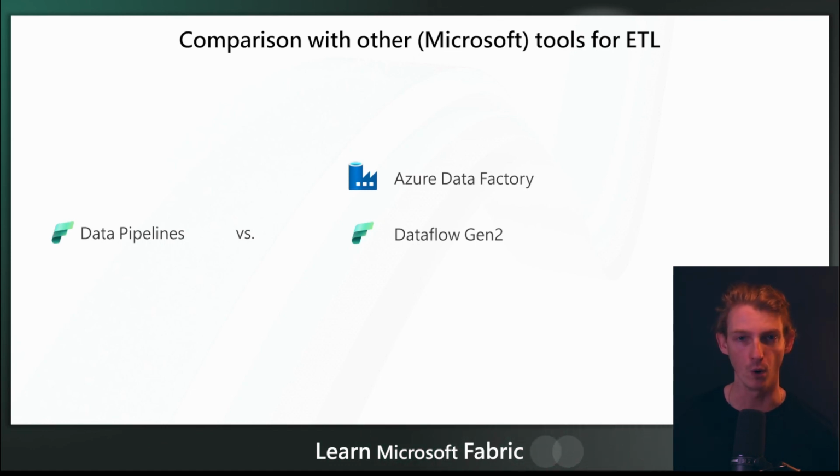So we have a lot more flexibility when it comes to control flow. We can loop through different things. We can do all sorts of transformations, and we can do it on really big data, because if you're embedding a notebook into your data pipeline, then obviously that's going to leverage Spark, and you can do transformations on billions of rows, for example, which you can't really do very efficiently in dataflows.